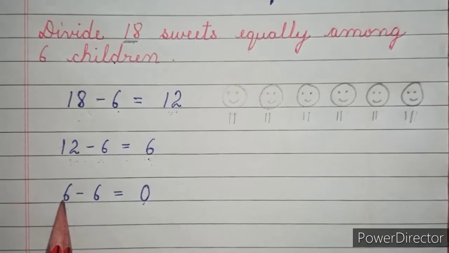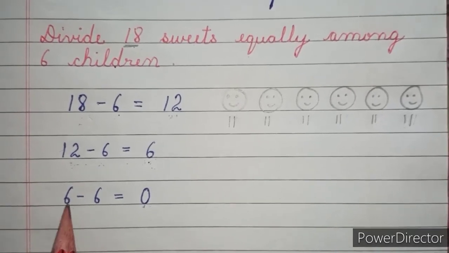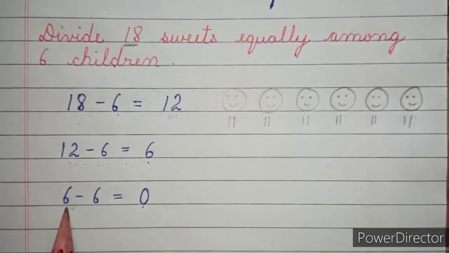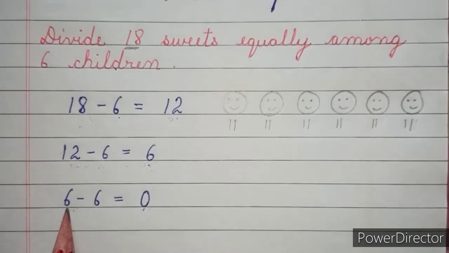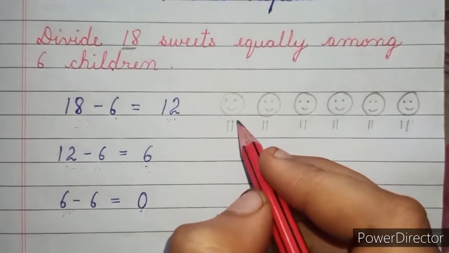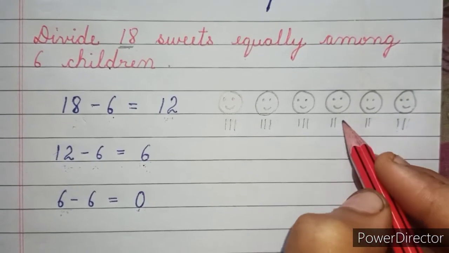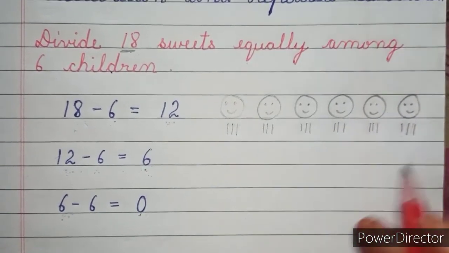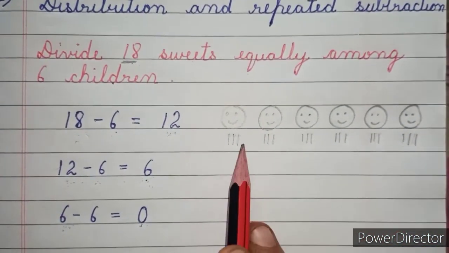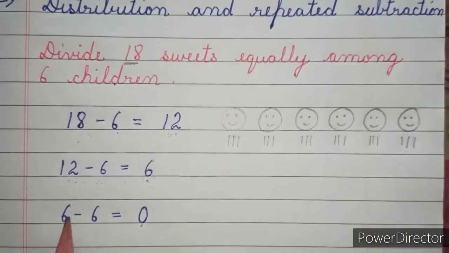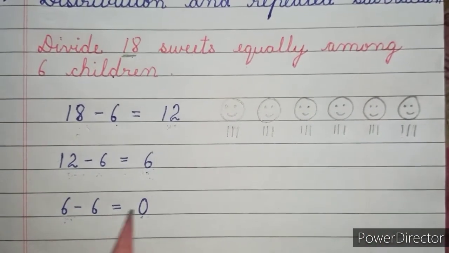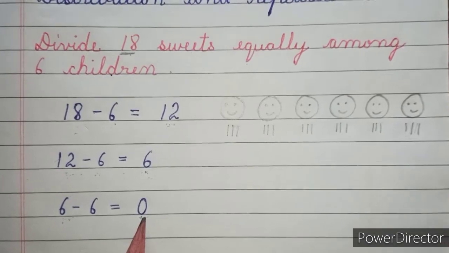Now we have only 6 sweets left. If we again give one more sweet to each child, then we will be left with 0 sweets. How?